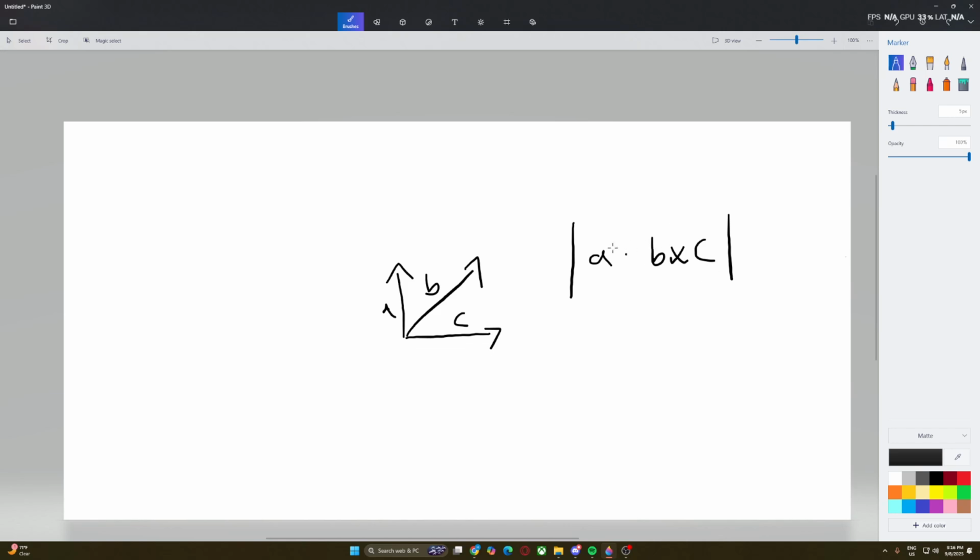This could be negative, but we're trying to get the area, and area can't be negative. So that's why we have the absolute value.